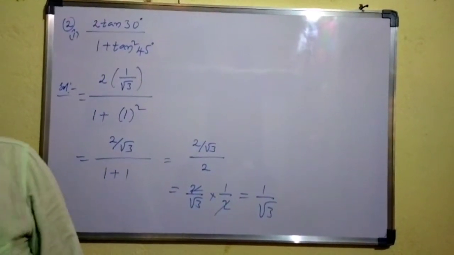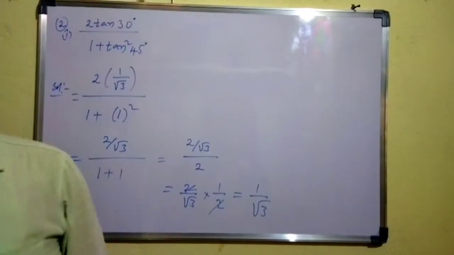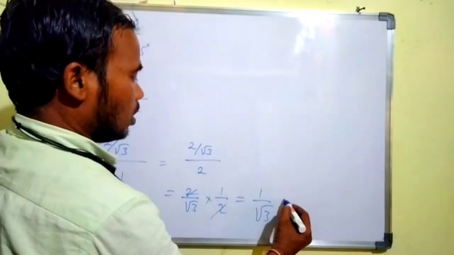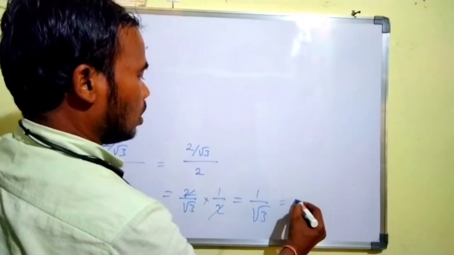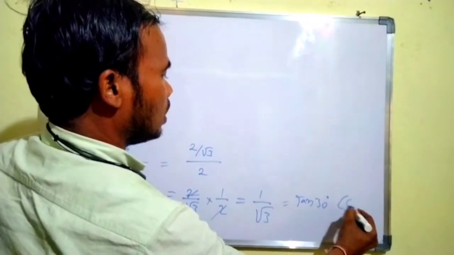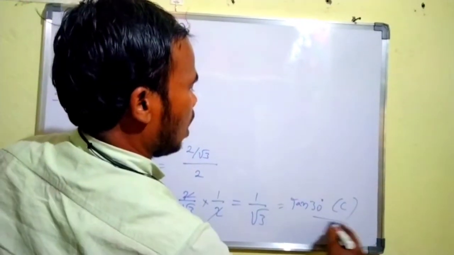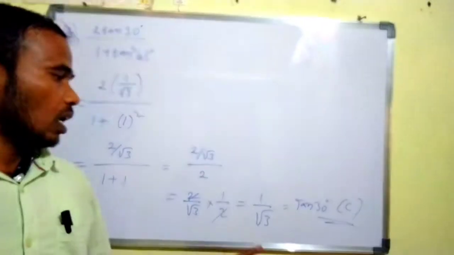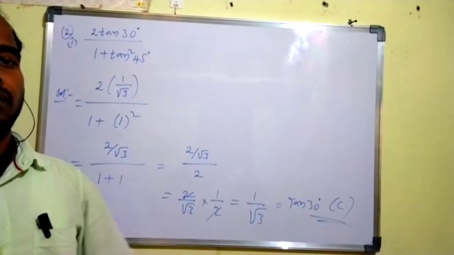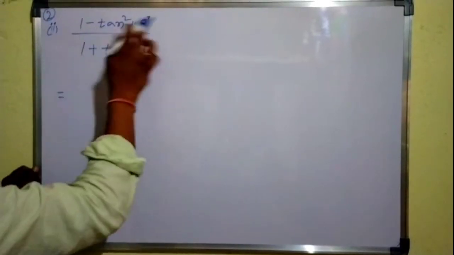Cos 60 also not matching. But the tan 30 value is possible. So that is equal to tan 30 degrees. Option C is correct. Option C is the answer. Now we go to second bit, second question.